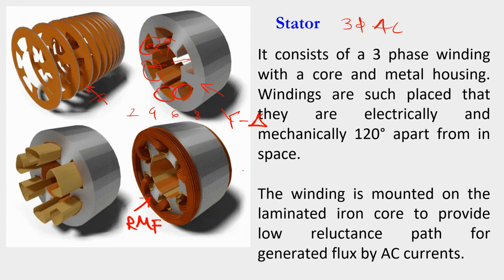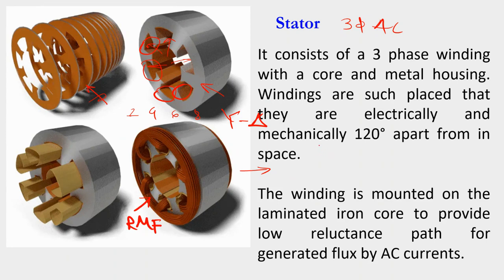So basically, the principle for the operation of the motor is Faraday's law of electromagnetic induction. Three-phase supply is given to the stator winding, then three-phase balanced currents will flow in the stator winding, and it will produce a constant rotating magnetic field, and it will induce an EMF in the rotor circuit.